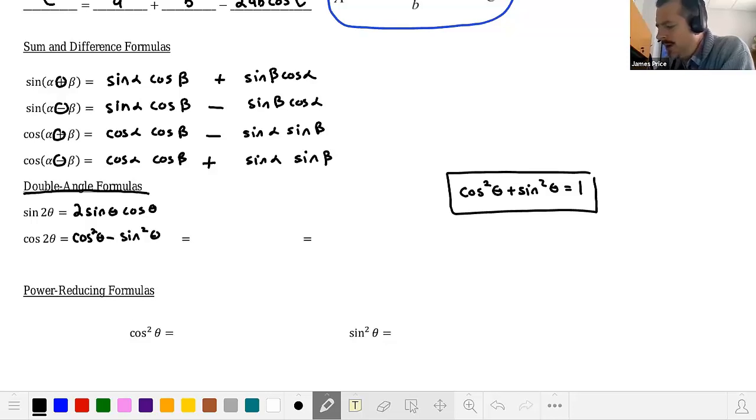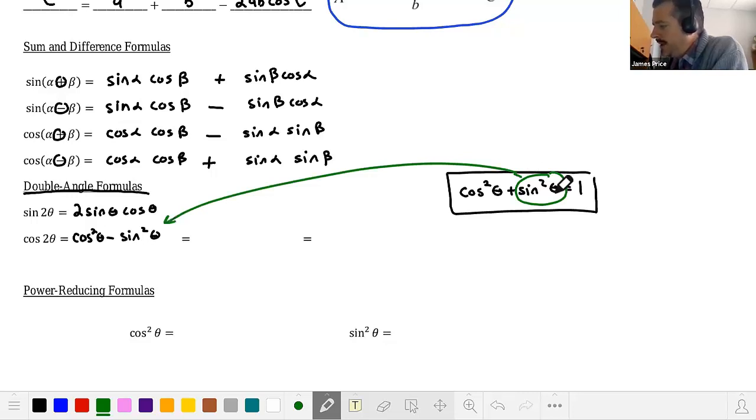And then there's 2 other versions of this formula for cosine of 2 theta. And each of them come from this Pythagorean identity over here. So if you solve this for sine squared theta and plug that in right here, when you solve for it, this will be 1 minus cosine squared theta.